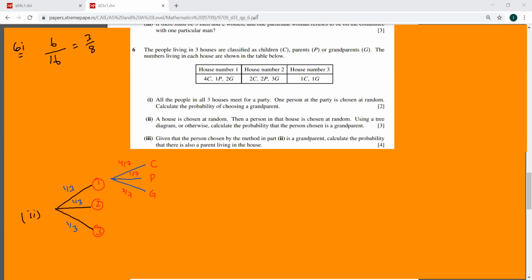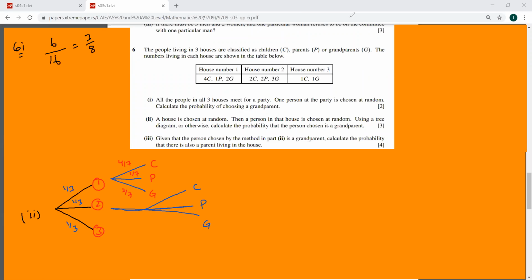If you have chosen the second house, then this would be like this. You can choose a child, you can choose a parent, you can choose a grandparent.